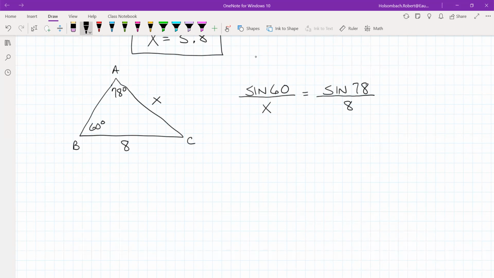So we're going to crisscross multiply again. X times sine 78 is sine 78 X is equal to sine 60 times 8. And I'm going to put it in parentheses. Going to divide both sides by sine 78.